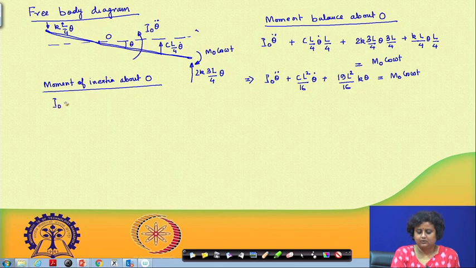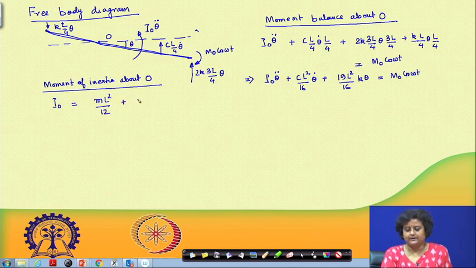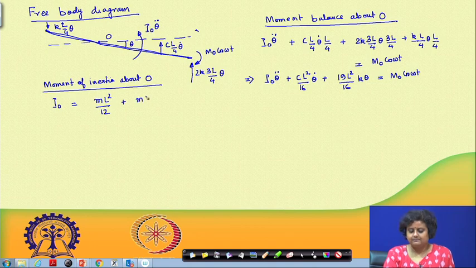So, I_O is going to be mL² by 12 plus the distance from the point O, which is mL² by 16. So, that turns out to be 7 mL² by 48.